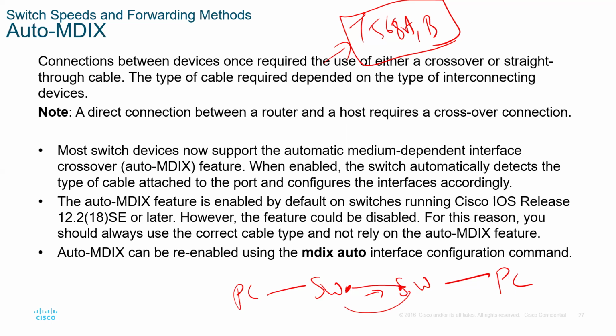Switch to switch, a crossover was needed, and to a router it works there. So auto MDX is just a useful function. Even when you are designing your network in Packet Tracer, for example, it's very rare that someone uses a crossover cable. You just use straight through, because auto MDX will deal with that. And that is what auto MDX is.